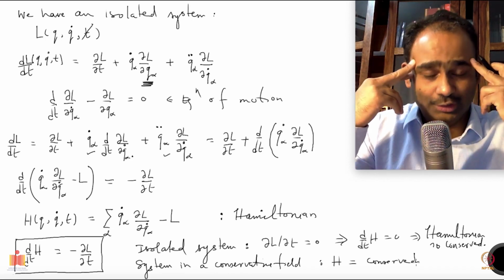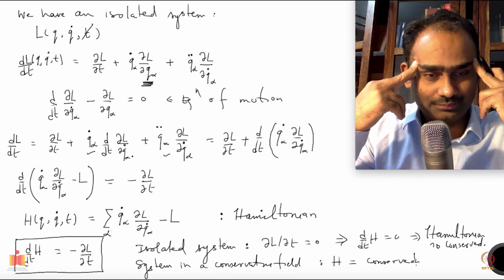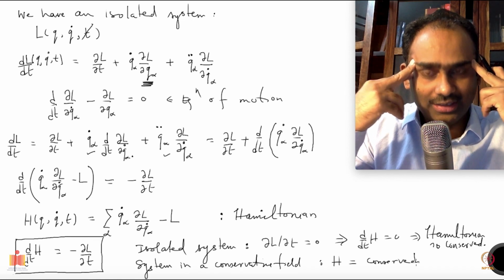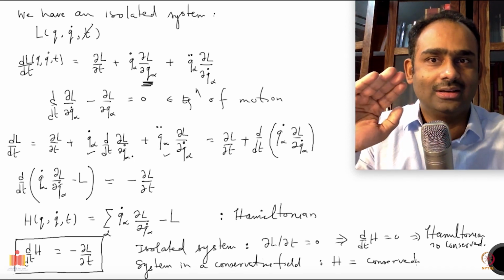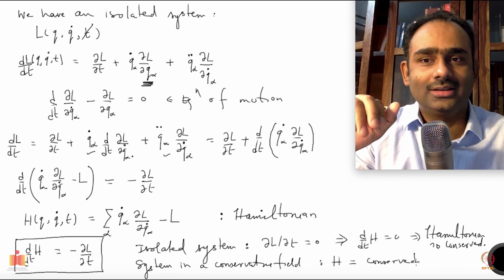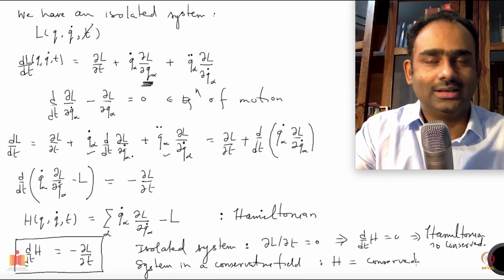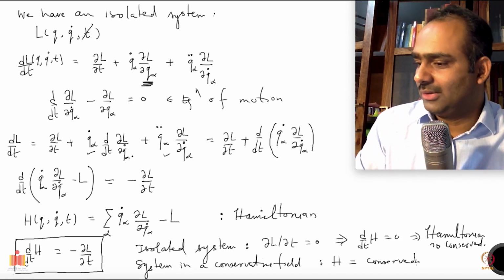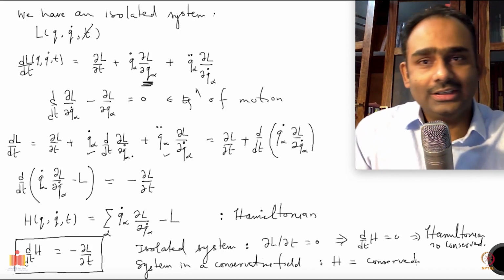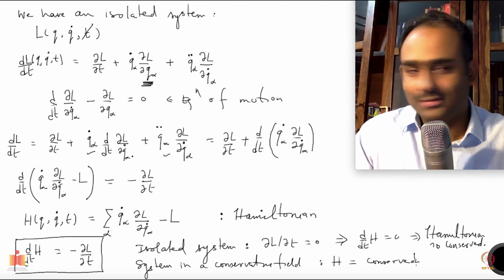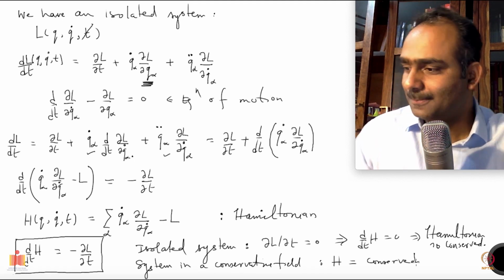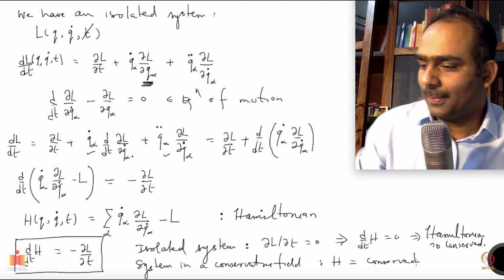So you immediately get a first integral of motion if you know that this system has a symmetry of time translation. That's one nice thing, but we still would like to know what h is physically. From here it's not evident what h is.